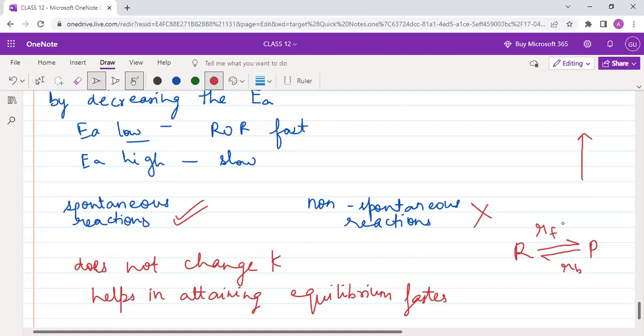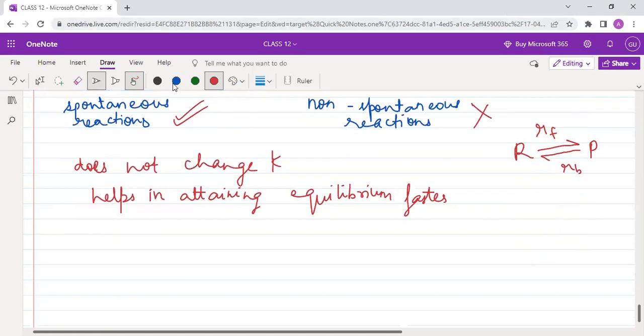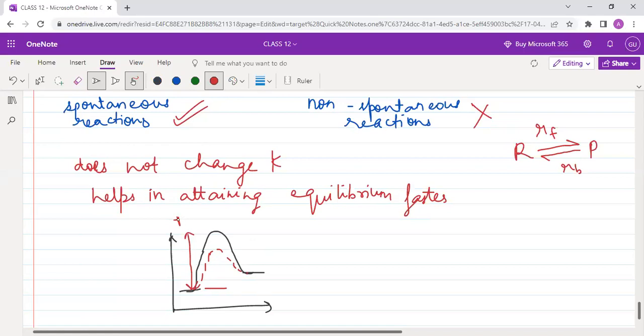And for the graph, you should be very clear that this is the original path of reaction. The catalyst will come and decrease the activation energy by providing an alternate path. So if earlier this much amount of extra energy was needed, this was the activation energy without the catalyst, this red one.